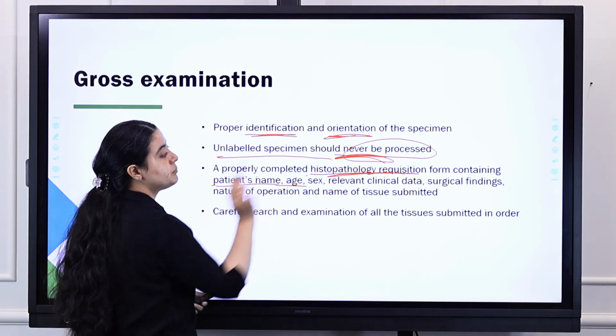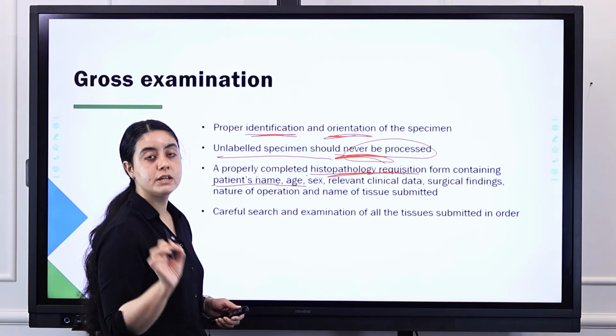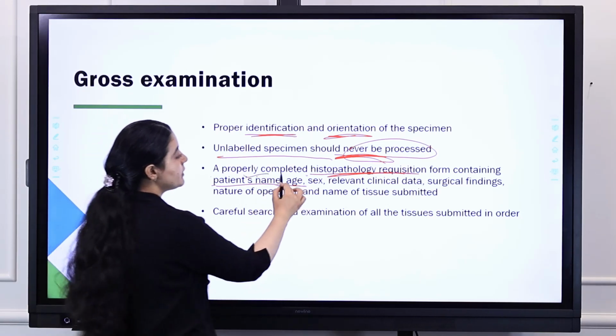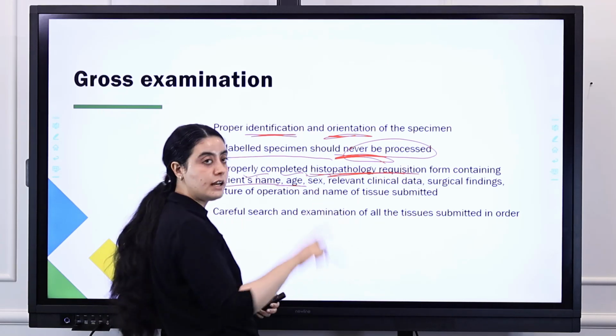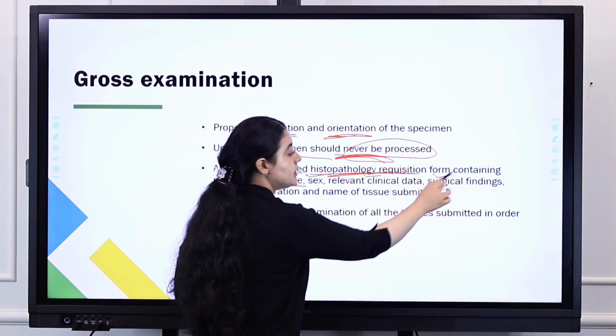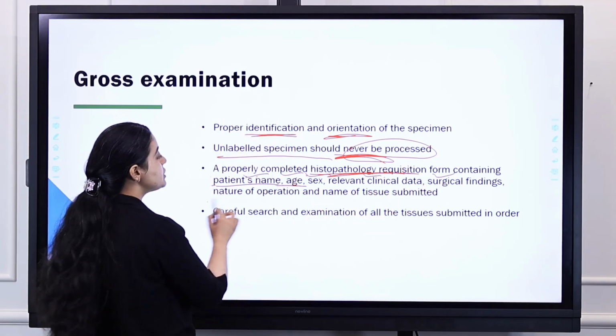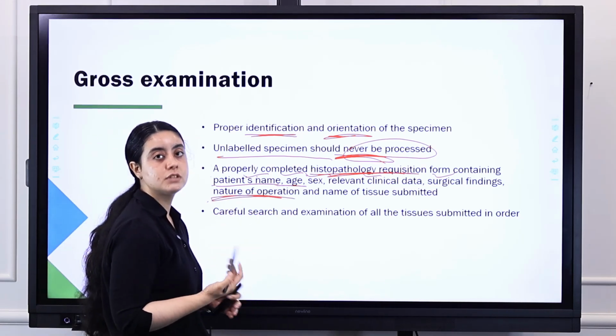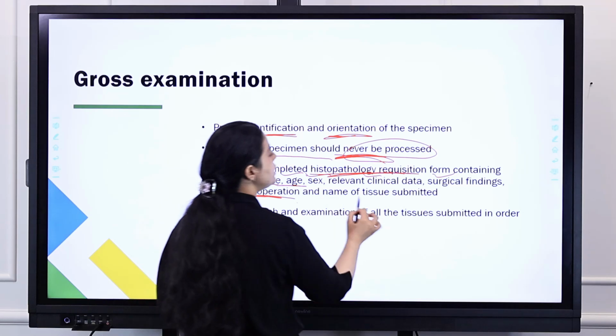A properly completed histopathology requisition form will always be there, right? And it contains the patient's name, age, sex, relevant clinical data, surgical findings also, and nature of the operation, as I've told you, what kind of operation and surgery is going on, and the name of the tissue submitted.